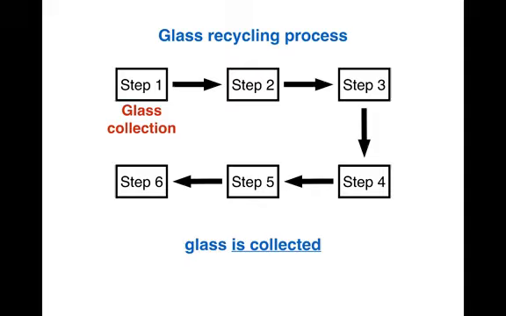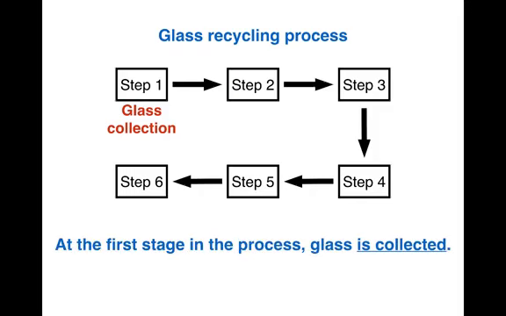Glass is collected. Instead of using the active, which would be people collect the glass, it's better in this case to say glass is collected. And if we add some steps language to this to say that this is step 1, we get this sentence. At the first stage in the process, glass is collected. That's a typical sentence that you might write for a process diagram description.